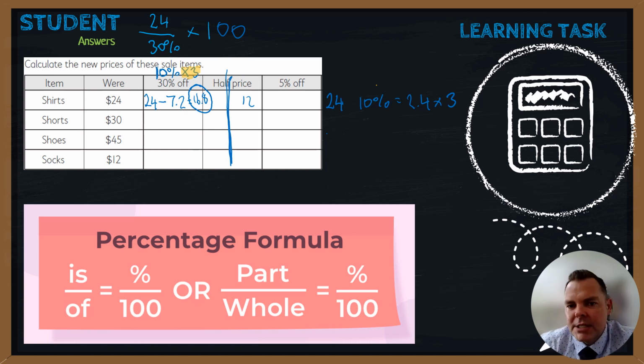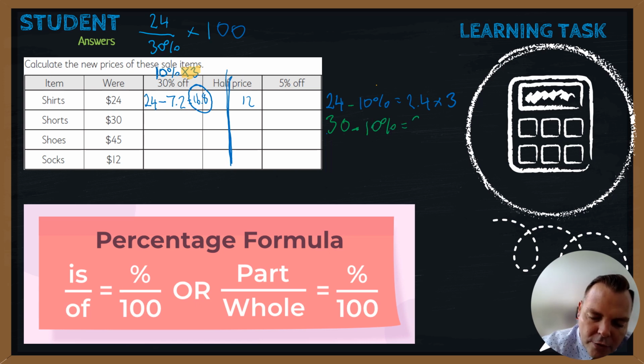All right, the next one's much, much easier. I've got $30, and 10% of that equals $3.